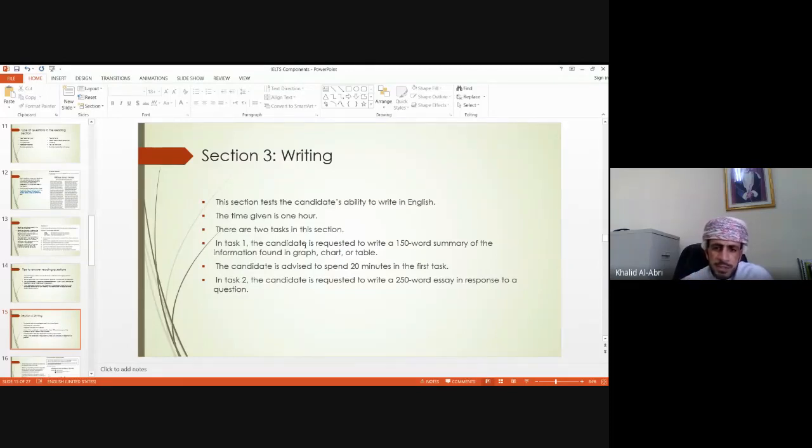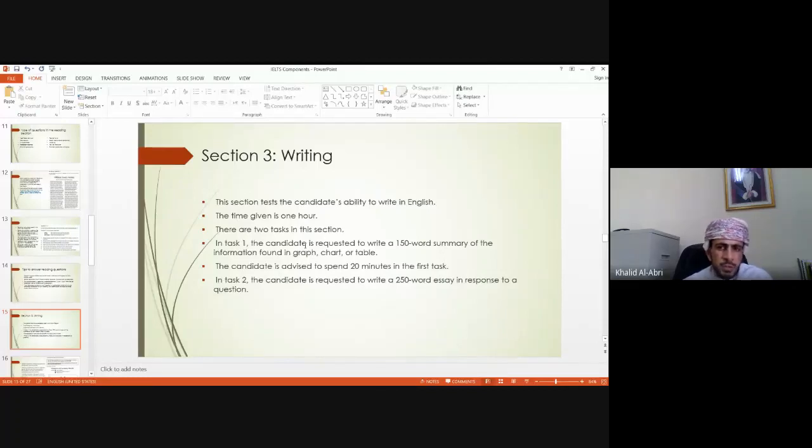And candidates are advised to spend only 20 minutes on this task. And I prefer, actually, for myself, I prefer to start with the second one because it is worth more marks. And it is advised to spend 40 minutes on the essay. Meanwhile, this one only 20 minutes, and you are asked to write only 150 words.